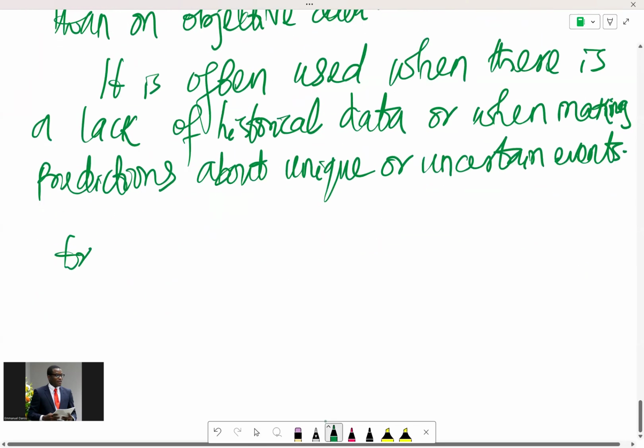So let's look at a possible example. All right.